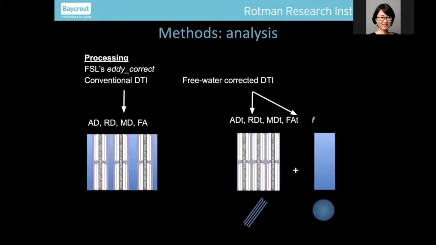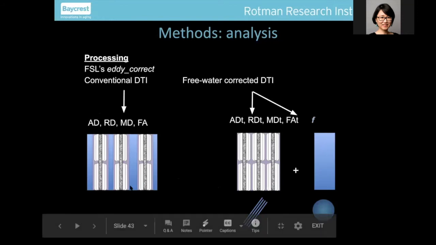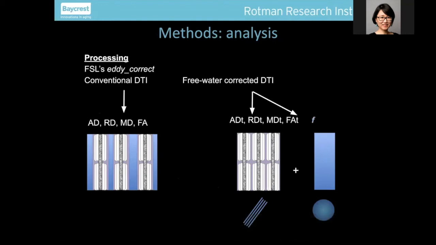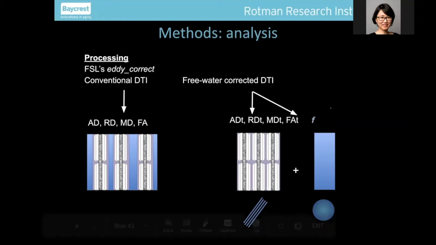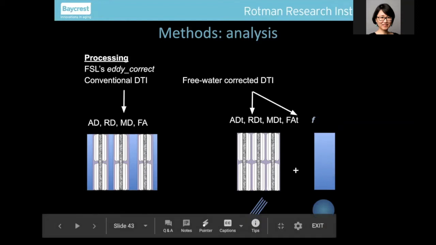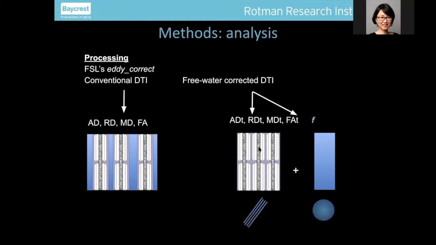Our methods are basically conventional DTI through FSL, and we also use free water imaging modeling with the extracellular and the cellular compartments separated. These are the symbols representing the corresponding DTI parameters for the cellular compartments, and I will use these from this point forward. F is the extracellular free water compartment, and anything with a subscript T means it's the cellular compartment.